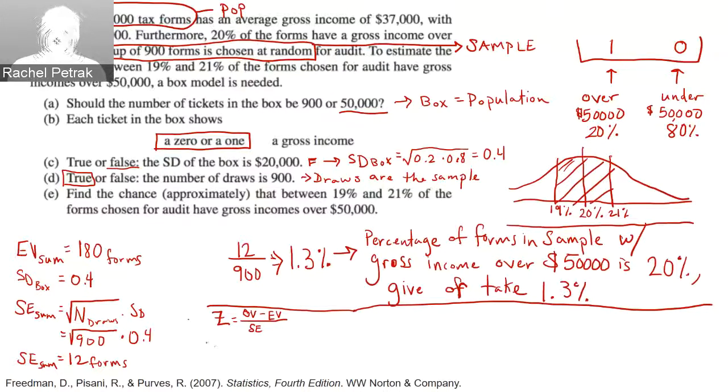So for 19, the z of 19% is going to be 19 minus 20% divided by our standard error of 1.3. And you see this works out to 0.77 approximately.